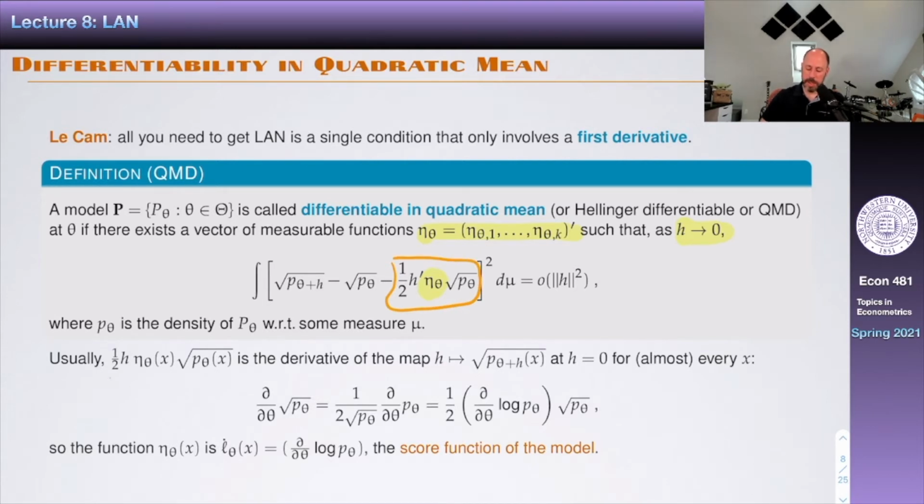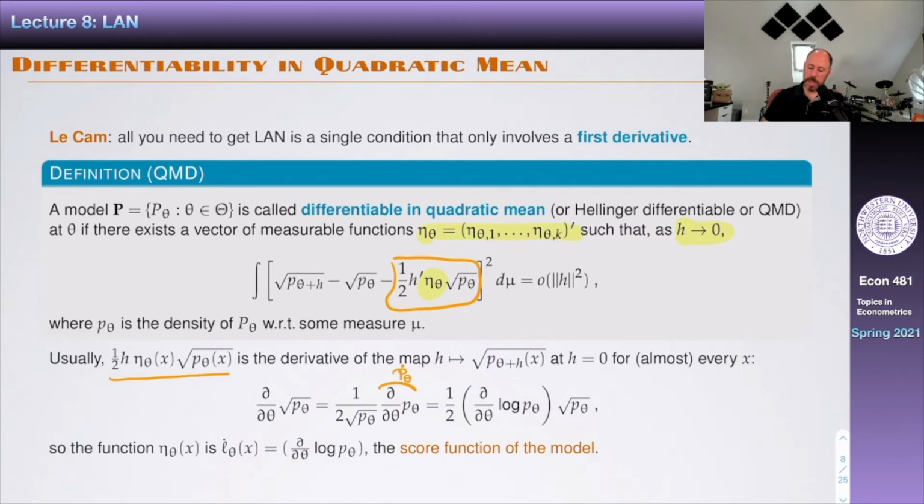Usually that term, at least here in the scalar case, so there's no h prime, h is a scalar here, is the derivative of the map h to square root of p_{theta plus h} at h equal to 0. Okay? So if you just consider the derivative of the square root of the density, it is 1/2 over the square root of the density times the derivative of the density. Soon I'm going to be calling this, to be consistent with the notation that we had before, p dot theta.